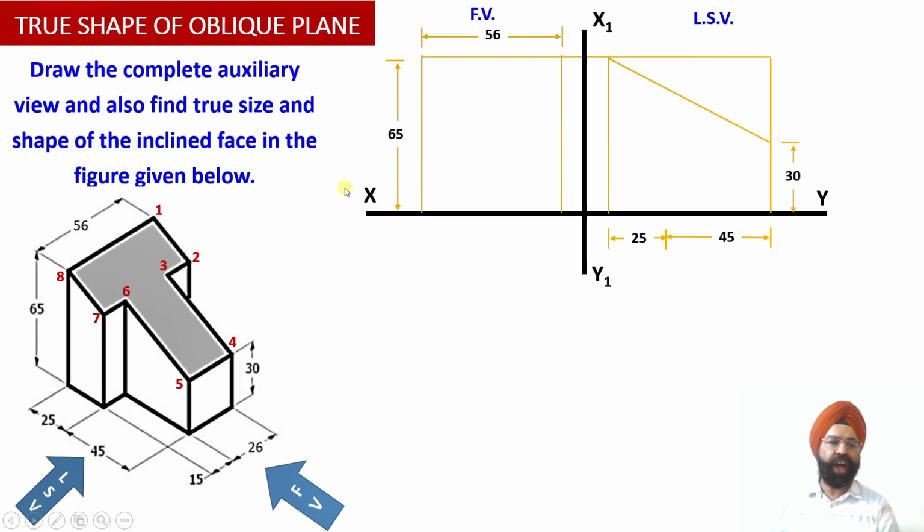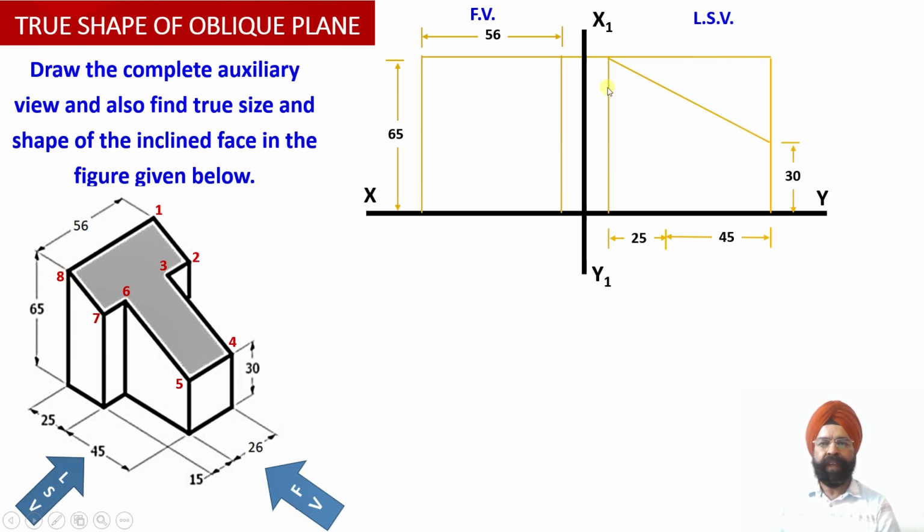And now on the rear side, that is the back side, the height of this inclined cut section is 65 millimeter. So as we are going to obtain the edge view of this particular cut section in the left hand side view, we observe that this rear portion, which is lying at the back end and is going to start from the rear end of the solid, is at a height of 65 millimeter.